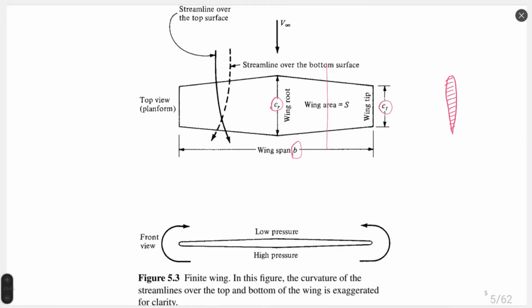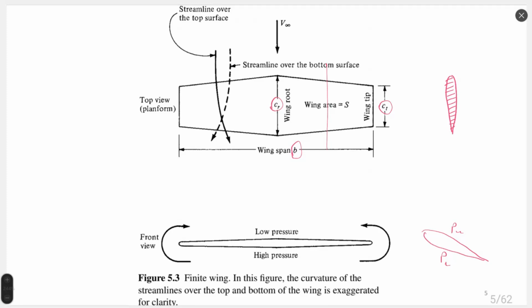We remember that to create lift, an airfoil usually needs to have higher pressure on the lower side, P lower, and lower pressure on the upper side. Due to the pressure difference and the area of the wing, we have lift.